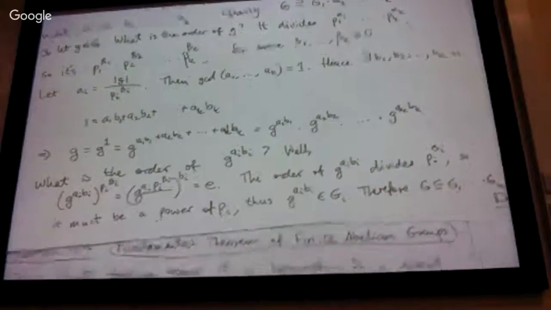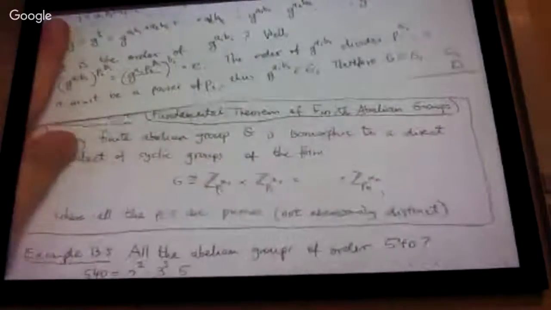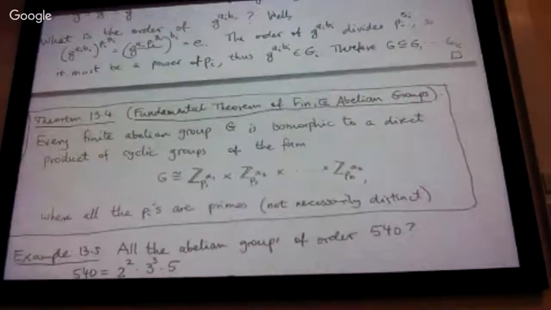So as a reminder of what we're doing, we're trying to get to this theorem in four levels.